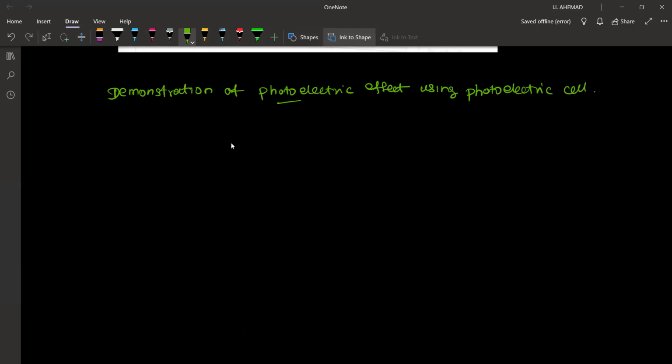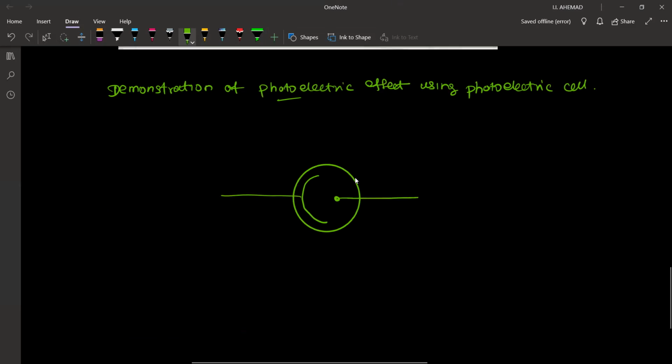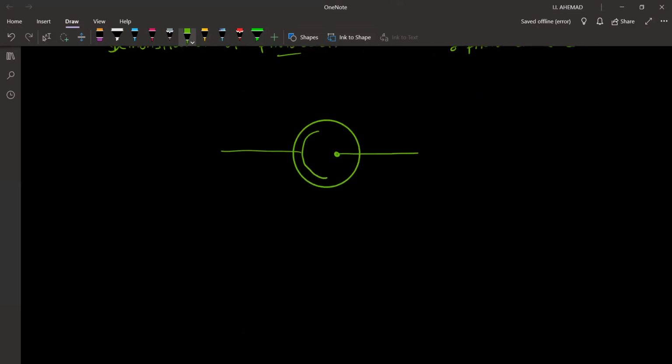We have a similar setup. This time we are connecting a voltmeter to measure the voltage across this, and we have a microammeter to measure the current, and then we have an additional setup to provide an external voltage.